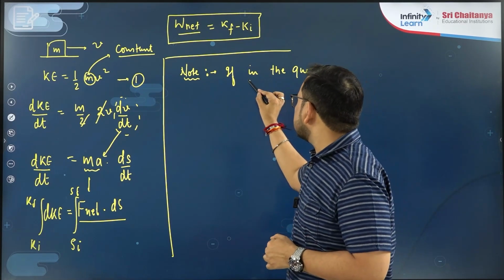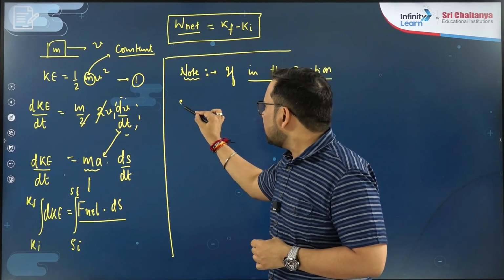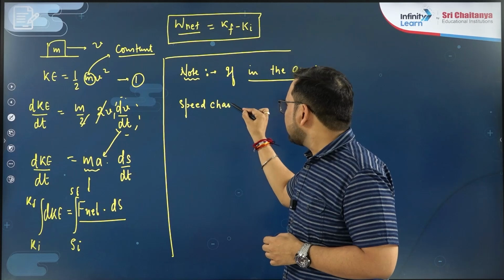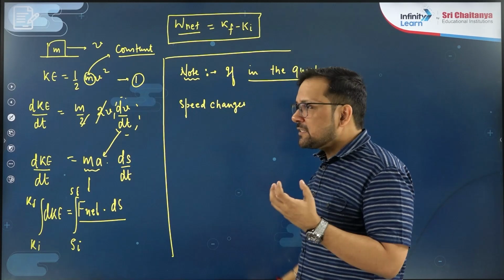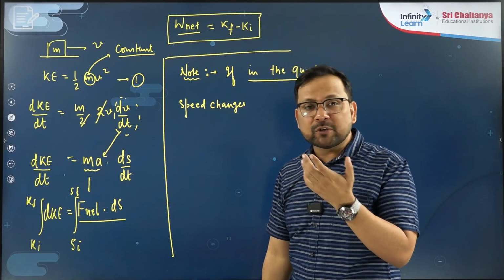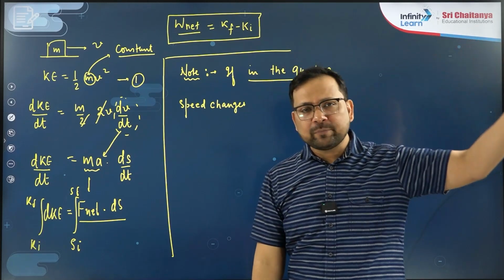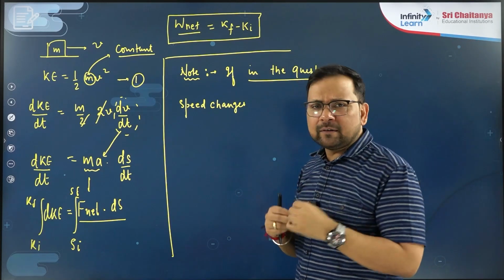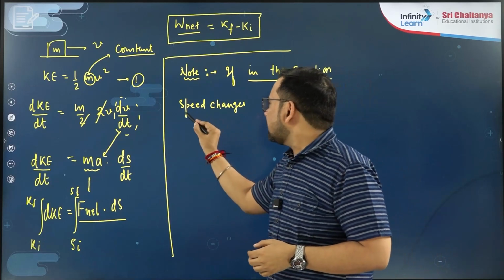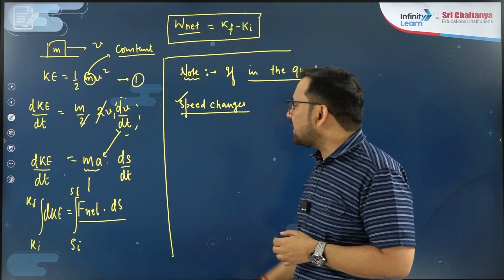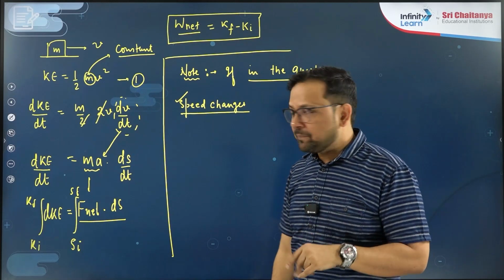In particle dynamics, if in the question you find that speed changes, the question says that speed depends on time, speed depends on position, or directly says that speed is changing from 2 meter per second to 5 meter per second. In any language format, they are giving you information that speed changes. That is one trigger point. There you can use the work energy theorem.